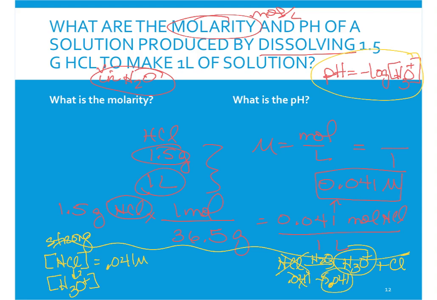So then to get pH, all we're going to do is take minus log of 0.041. That will give us the pH. So let me do that.